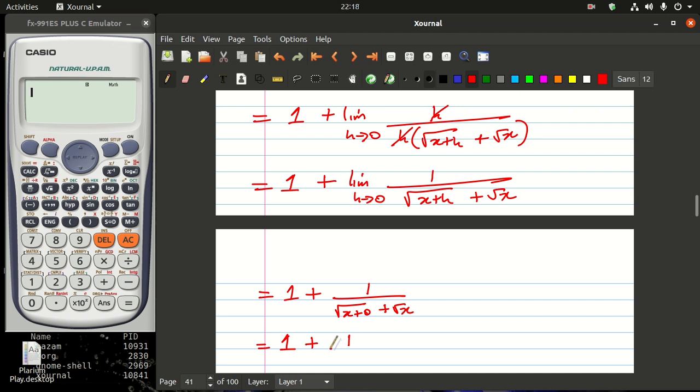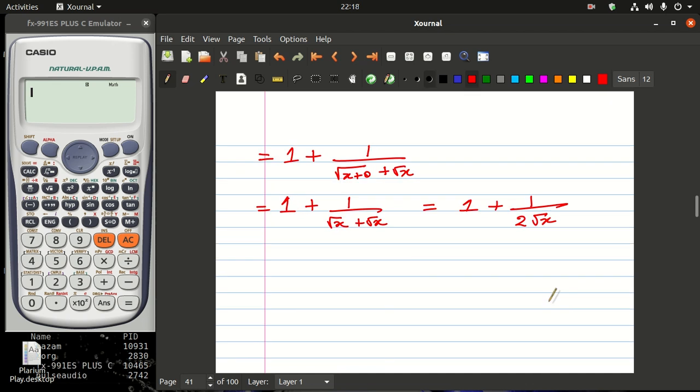And then we end up having 1 divided by the square root of x plus the square root of x, which is just equal to 1 plus 1 over 2 times the square root of x. And if you look carefully into this, our f prime of x now is just equal to 1 plus 1 over 2 root x. That's what we actually wanted.